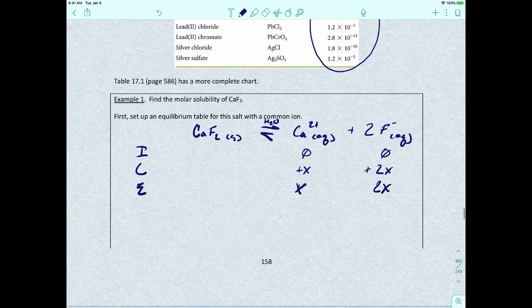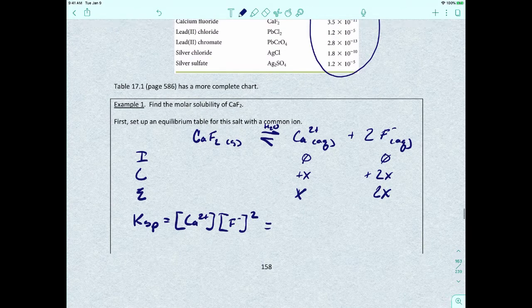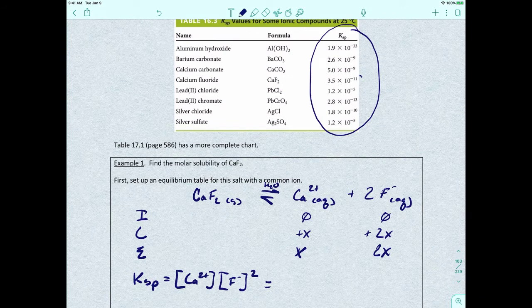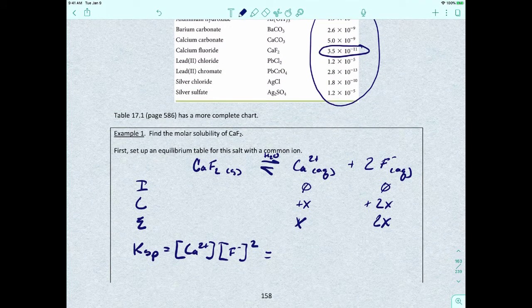Okay, so with our Ksp expression, Ksp is going to be equal to the concentration of calcium 2 plus times the concentration of fluoride ion squared, because there's 2 of them. And according to this table, calcium fluoride, the Ksp value is 3.5 times 10 to the minus 11th.